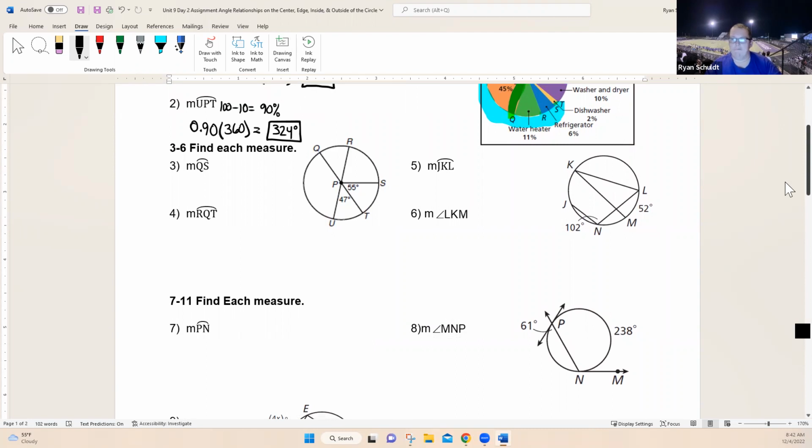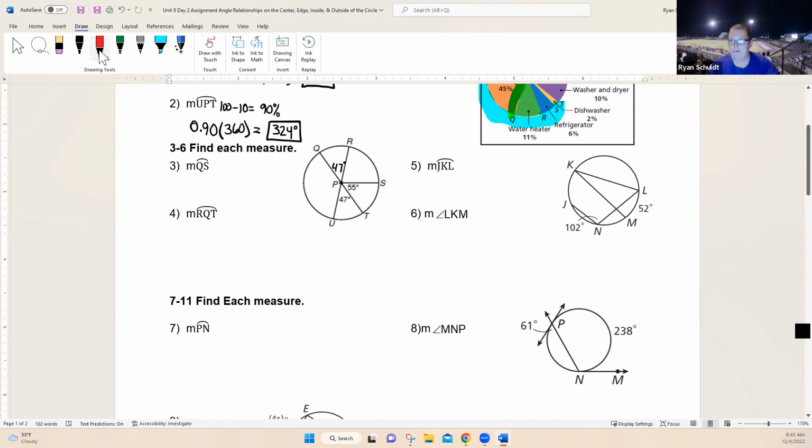Okay. So for these next two, we're using the circle, just like we've done in the past. Fill in what you can. Fill in all your angles. So we've got a vertical angle here. This one's going to be 47 up there. Now I know that from R to U, that is a half circle, a semicircle.